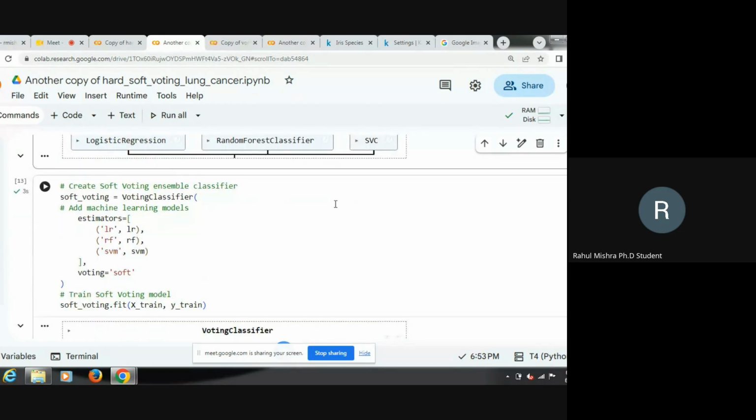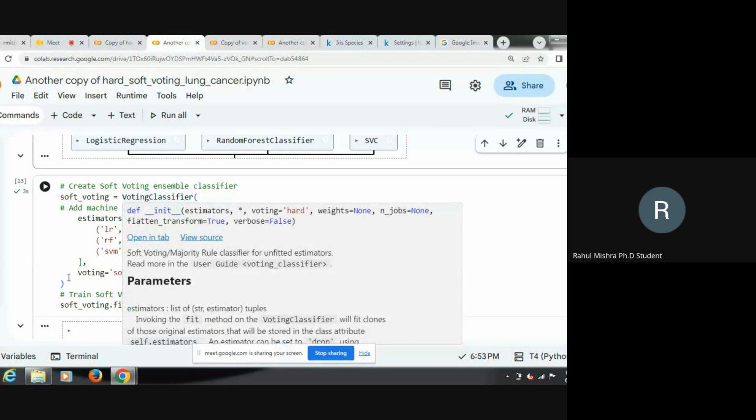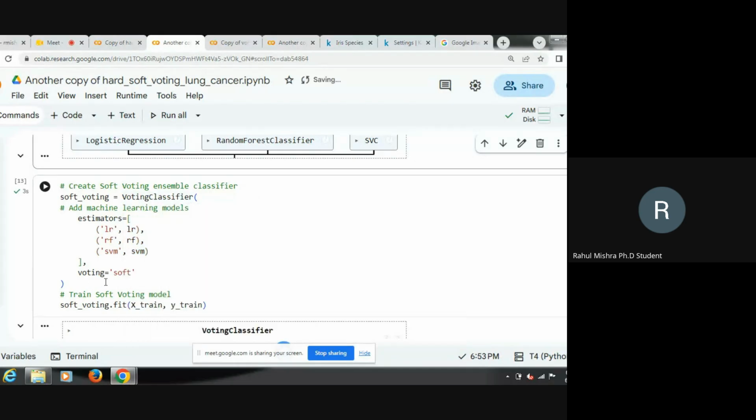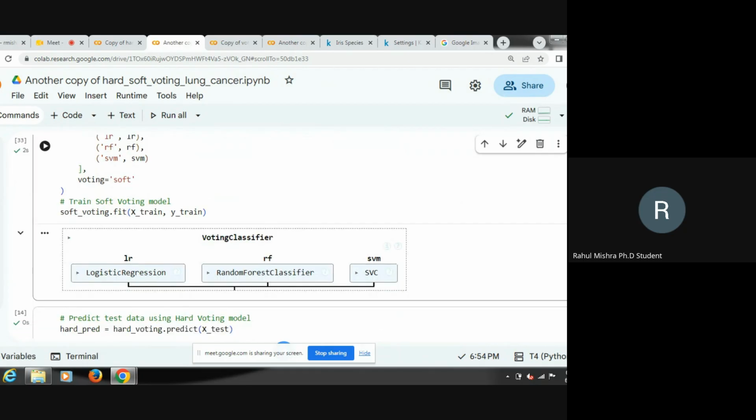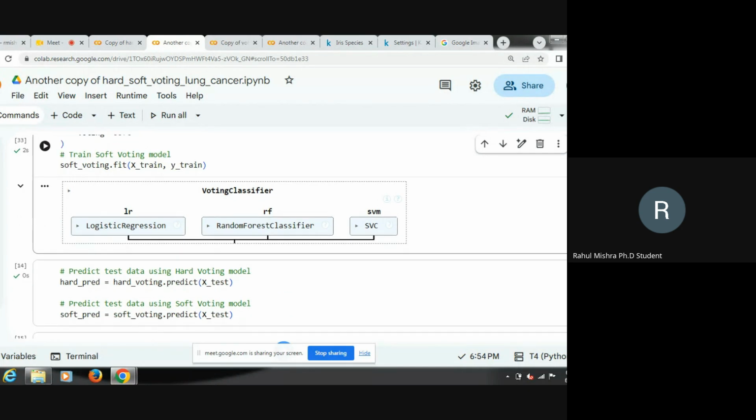It's the same process, but the only difference is that we use voting equal to soft. We just have to change voting from hard to soft, so we can find out which model will be the best. Here also three algorithms are used together.